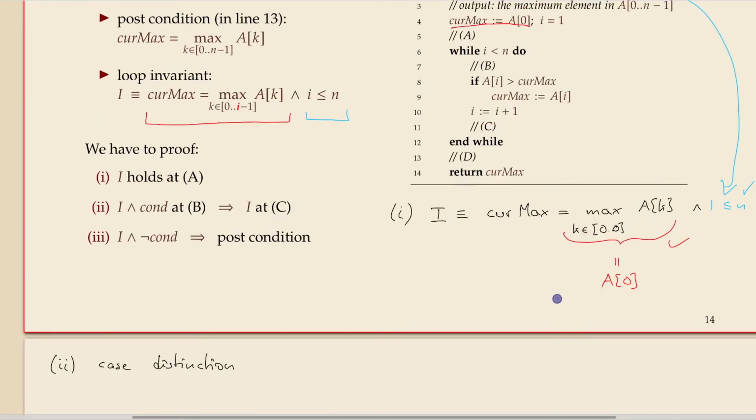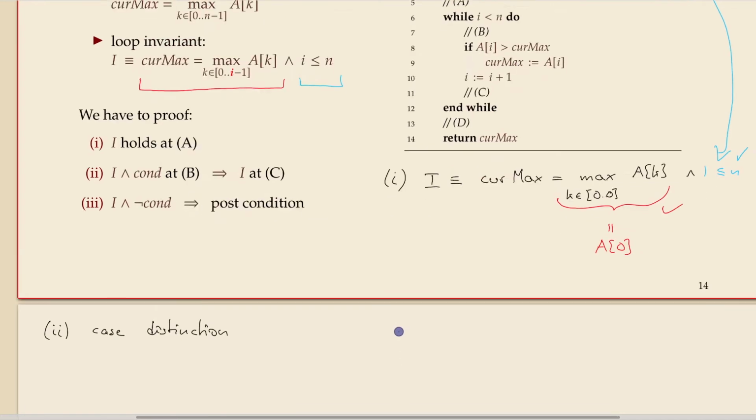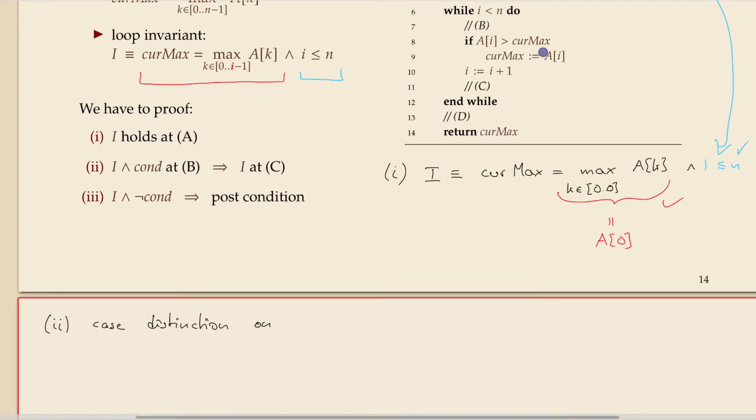And the reason for that is that inside the loop, there's an if. So there's really two things that can happen depending on whether the if is taken or not. So it's quite natural that we want a case distinction based on whether or not this if condition is true. And we'll look at those two cases separately.